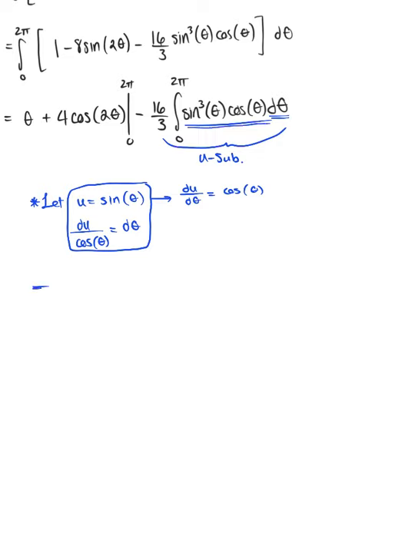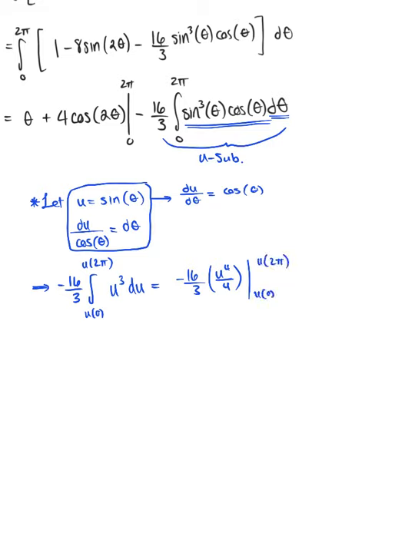So this is the substitution portion that we're plugging in again to that integrand. So continuing with this, we have now minus 16/3 times the integral from u of 0 to u of 2 pi. Again, plugging our substitutions in, we end up with u cubed du. And so this integrates to negative 16/3 multiplied by u to the 4th by 4 from u of 0 to u of 2 pi.